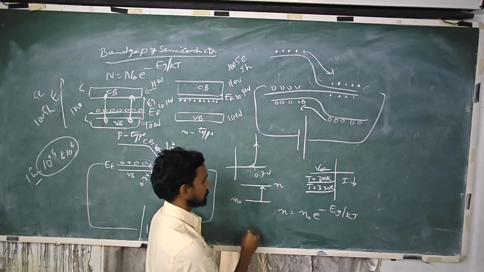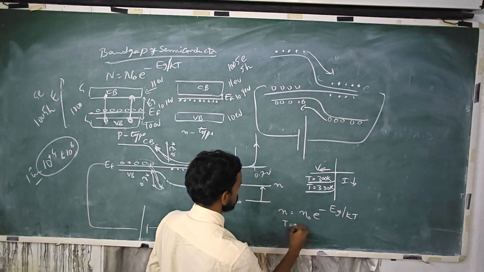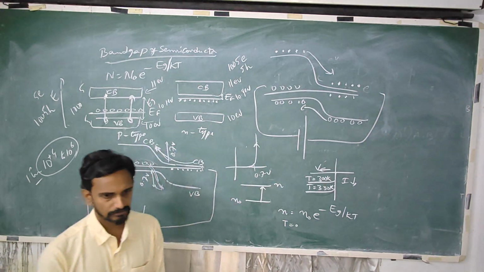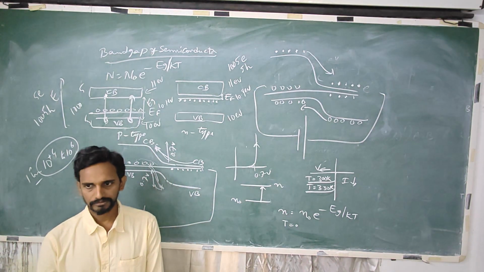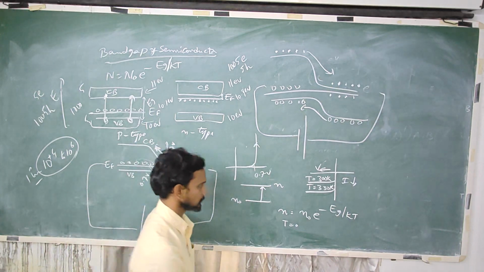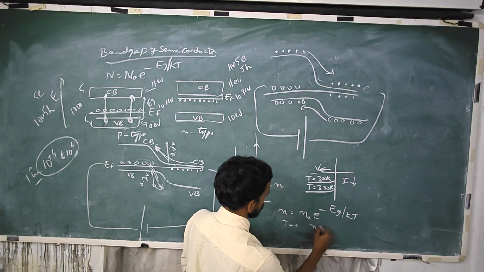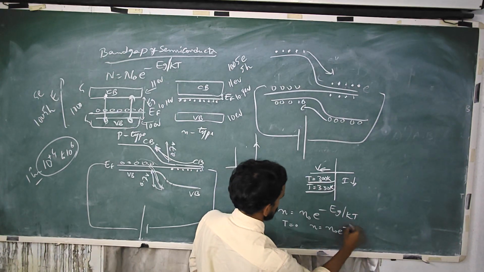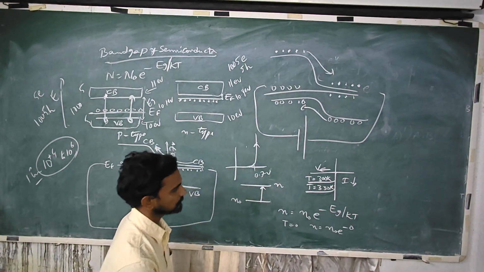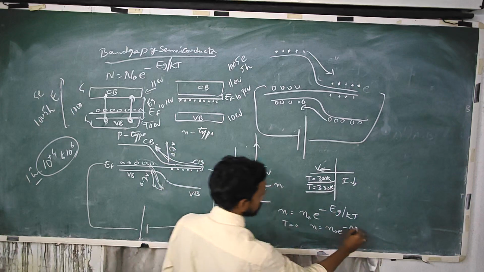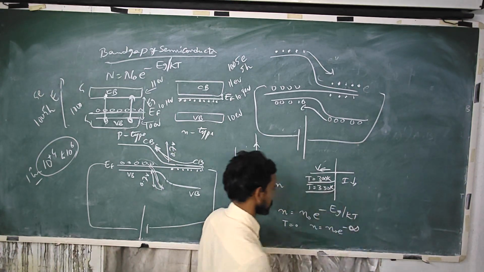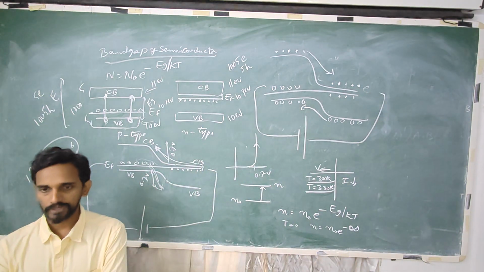The number of carriers is given by this. So let's say when T is equal to 0, what happens? When T is equal to 0, Eg by kT is infinity, so e power minus infinity.